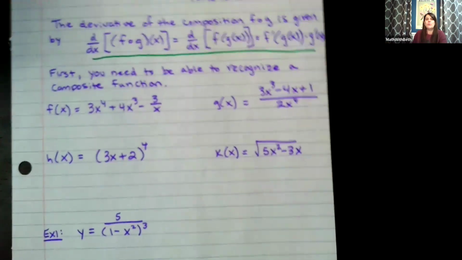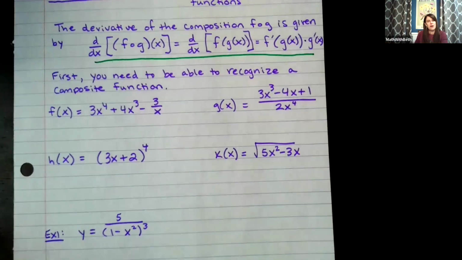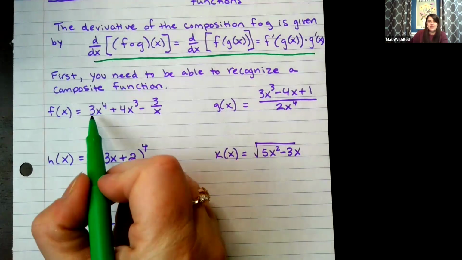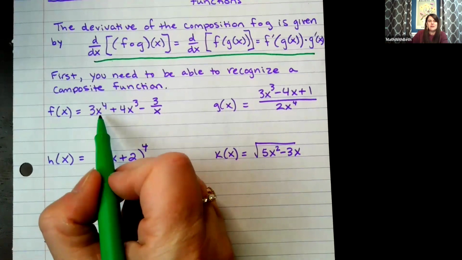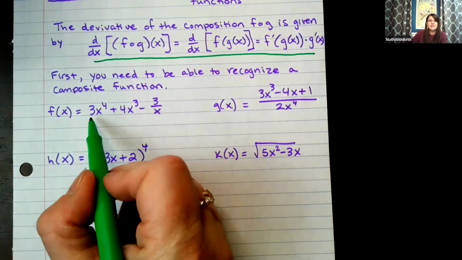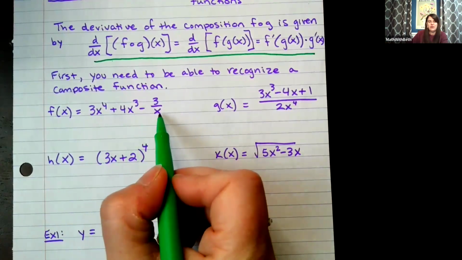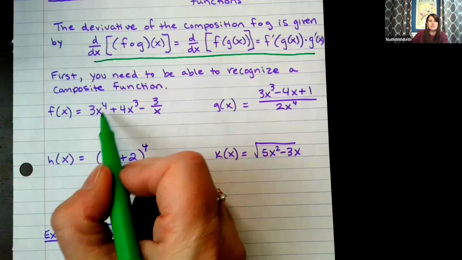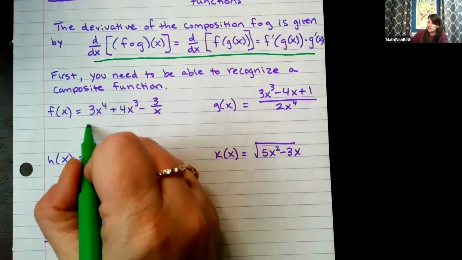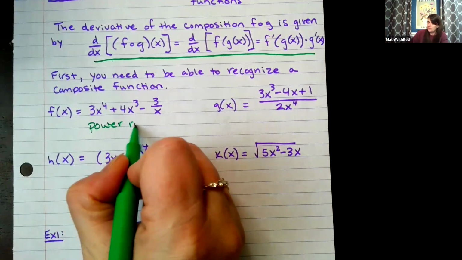First, let's try to recognize when we even have a composition function, because they're not going to come out and tell you. In this case, we have 3x to the fourth plus 4x to the third minus 3 over x. This is a very simple, basic equation. Only the x is being raised to the fourth. Only the x is being raised to the third. This is something where we can just use the power rule.